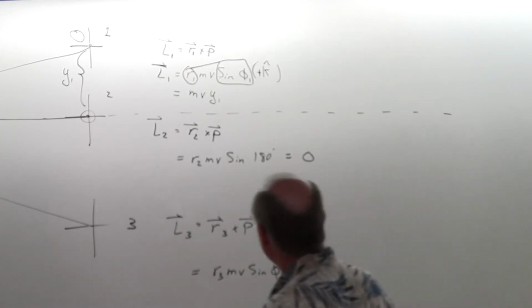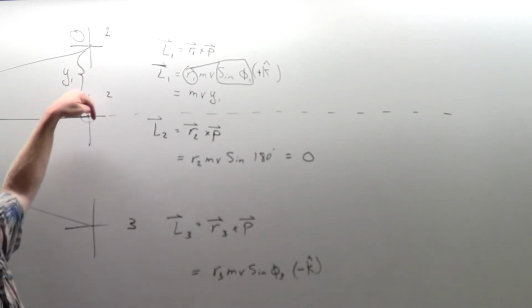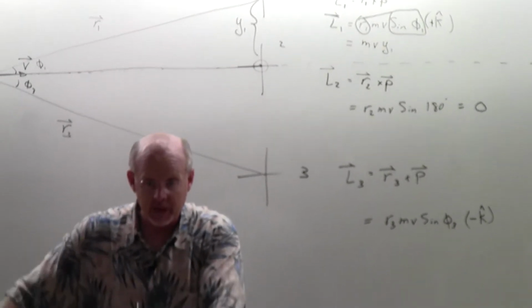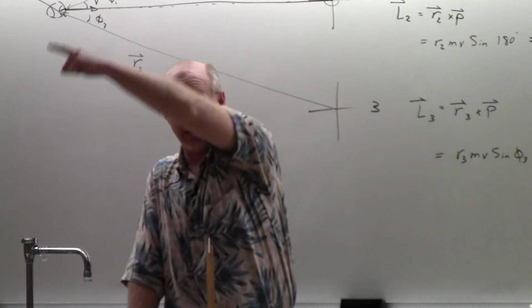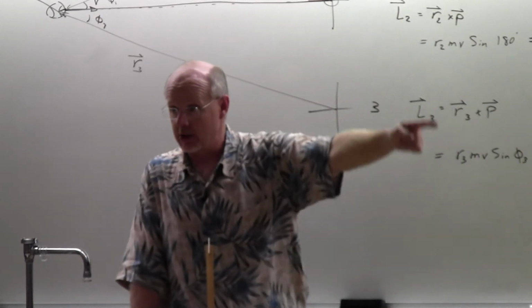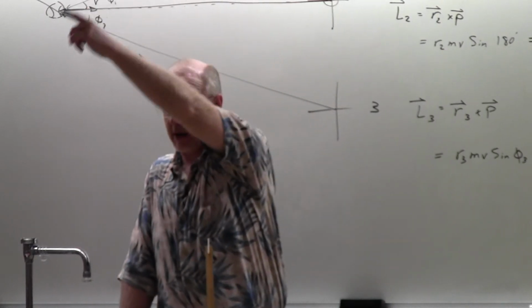Sure. Doesn't surprise me. And if you think maybe there's a little fish hook down here, and this thing comes along and gets snagged, what's going to happen to it if it gets snagged? Isn't it going to spin around kind of in a counterclockwise direction? And what's the direction of the angular momentum for that?